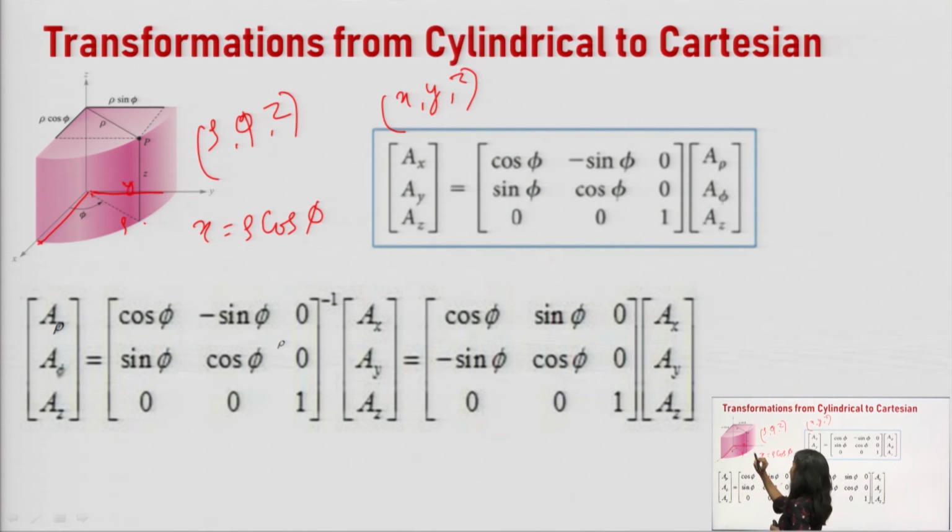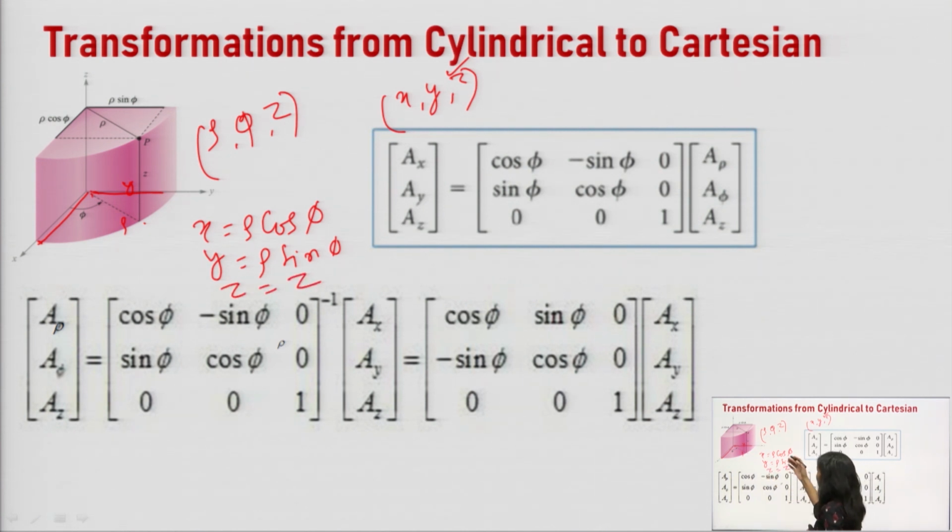Similarly, y can be written as rho sin phi. And z will be the same as in the Cartesian coordinate, so z will be equal to z only. So if we are provided rho, phi and z, we can easily find x, y, z using this formula, and we need not remember this, we can derive it very easily from this diagram.